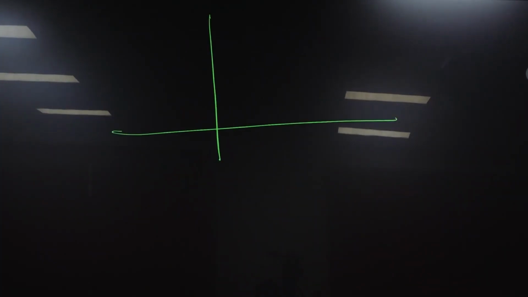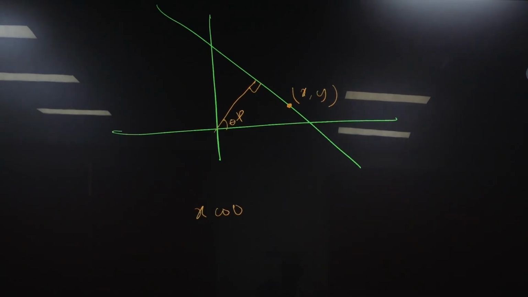If you have a line like this, and this is p, then at any point x comma y, and this angle is theta, x cos theta plus y sine theta equals p. And this distance here is p.